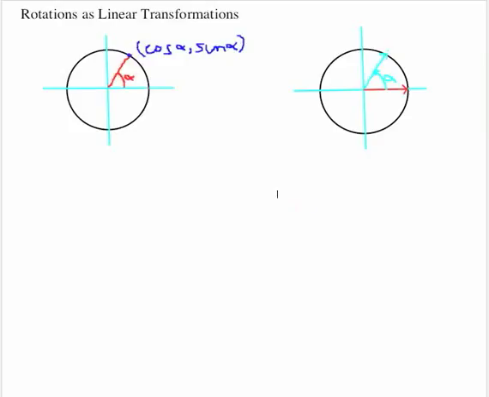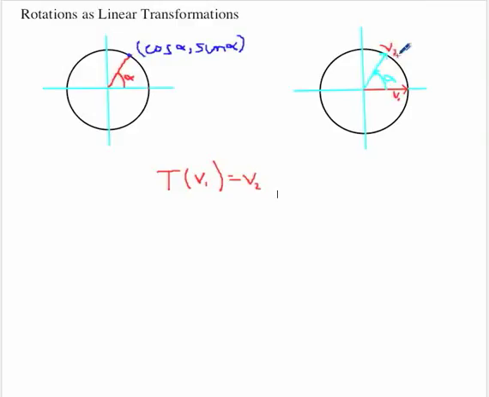So one question is, of course, that's a transformation. It's a transformation that takes vector 1 to vector 2, where this guy along the x-axis was my vector 1, and this guy now is my vector 2.